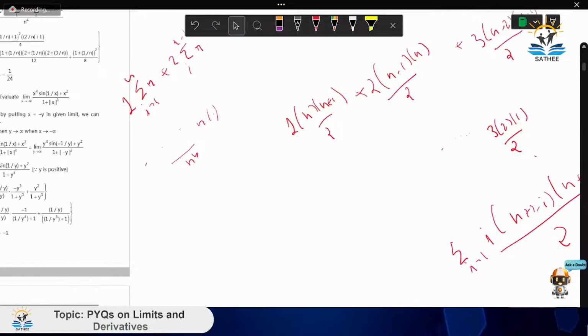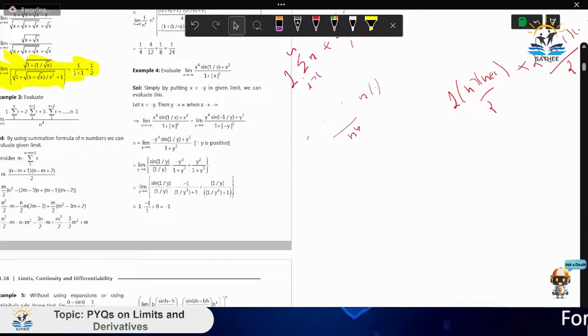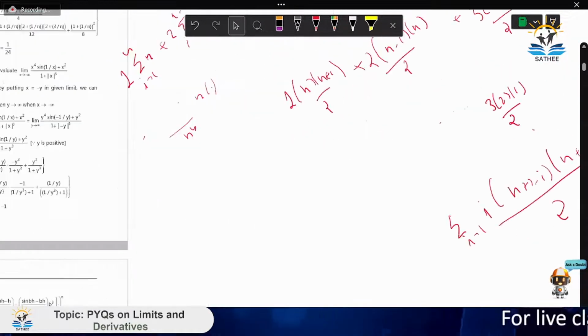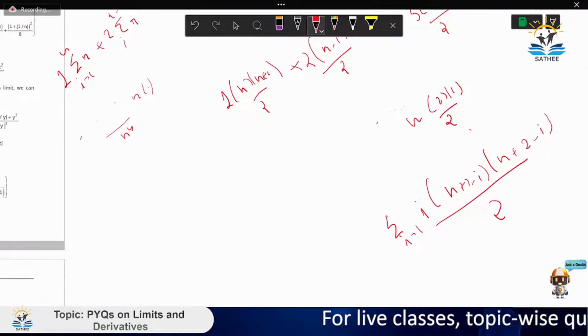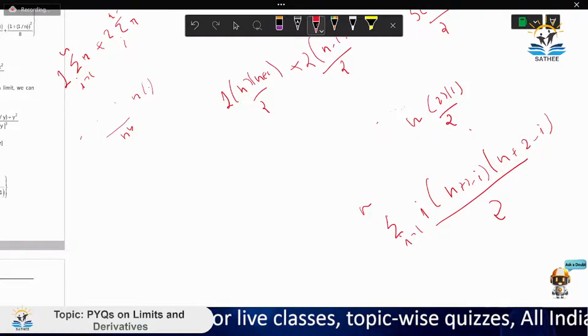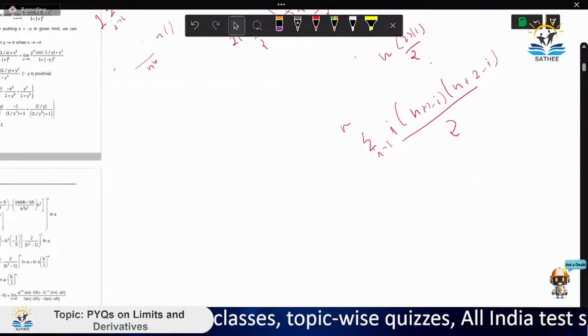There should be an n, right? Not 3 here. What is the question here? Yeah, it is an n here. Why did I write a 3? It was causing me a lot of trouble. So it is an n, carry on. So it is going to n. Right? Okay. So this is what we have.